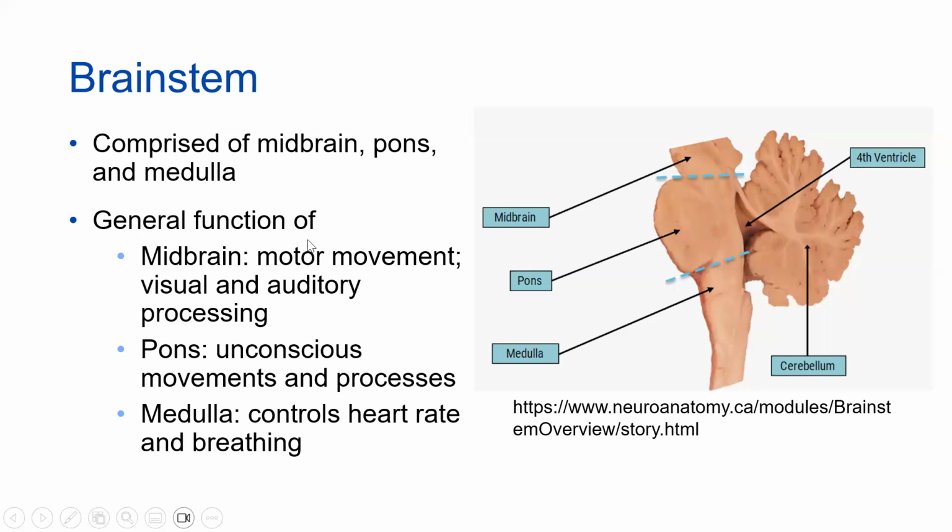So here are the general functions for the midbrain, pons, and medulla. Midbrain is for motor movement, which we talked about with Parkinson's disease. Pons is for unconscious movements and processes. Whereas, and we'll get into a clinical case that will explain this a little better, the medulla controls heart rate and breathing.